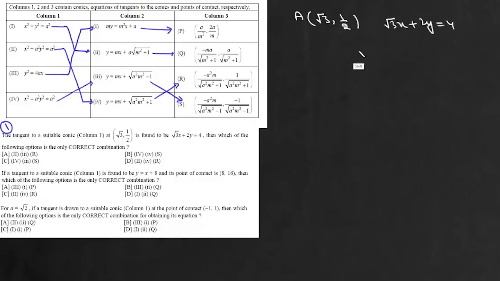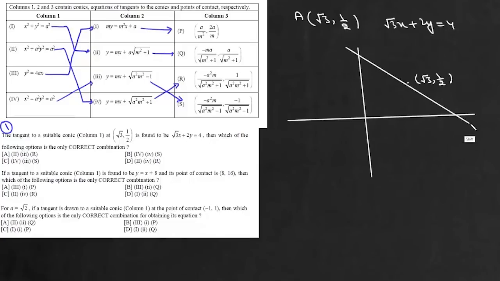So here we have this conic, and the tangent at (root 3, 1 by 2) will be drawn like this. Now for a parabola and a hyperbola, the tangent will have a positive slope. So it cannot be a parabola or a hyperbola. So it can only be a circle or an ellipse.